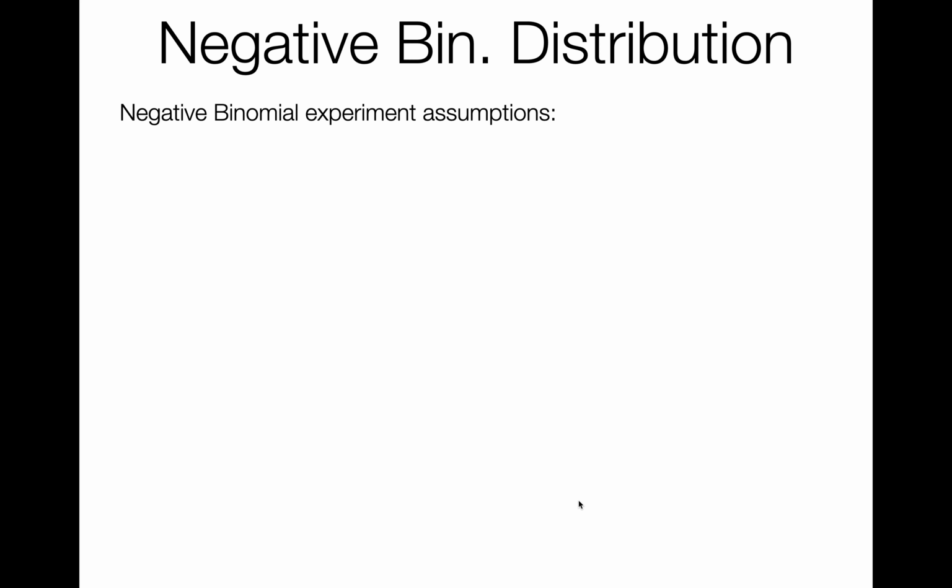All right, so now last distribution in section 3.5 is called the negative binomial distribution. It's been a while since we've talked about the negative binomial. So here are the assumptions of the experiment.